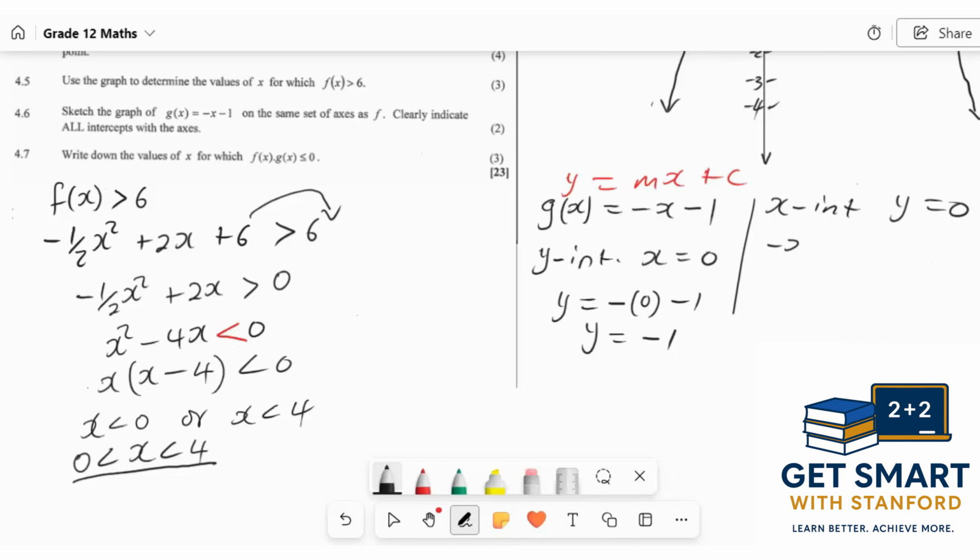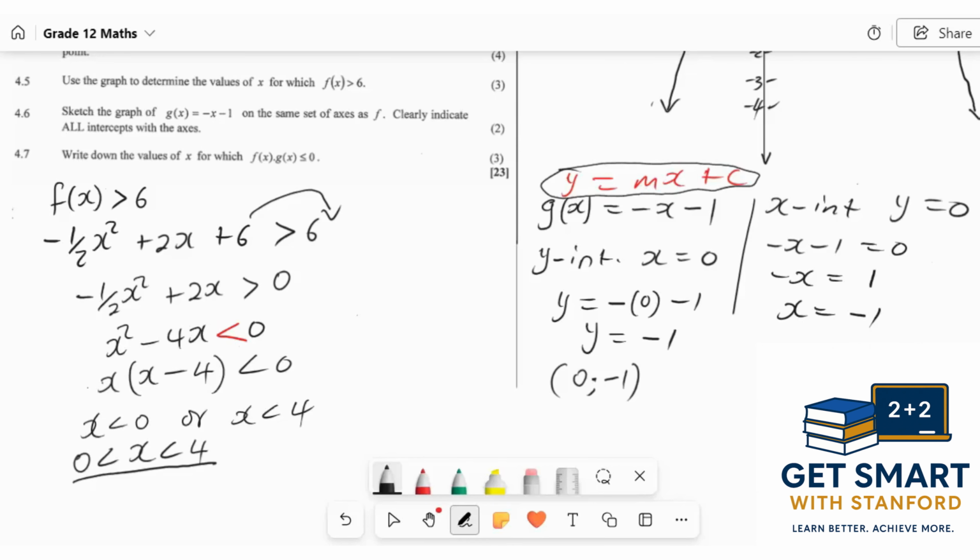Then we have minus x minus 1 equals 0, minus x equals 1, then x equals minus 1 also. Okay, fine. So that means here we're going to have 0 and minus 1, because x is 0 and y is minus 1. And here we're going to have minus 1 and 0.